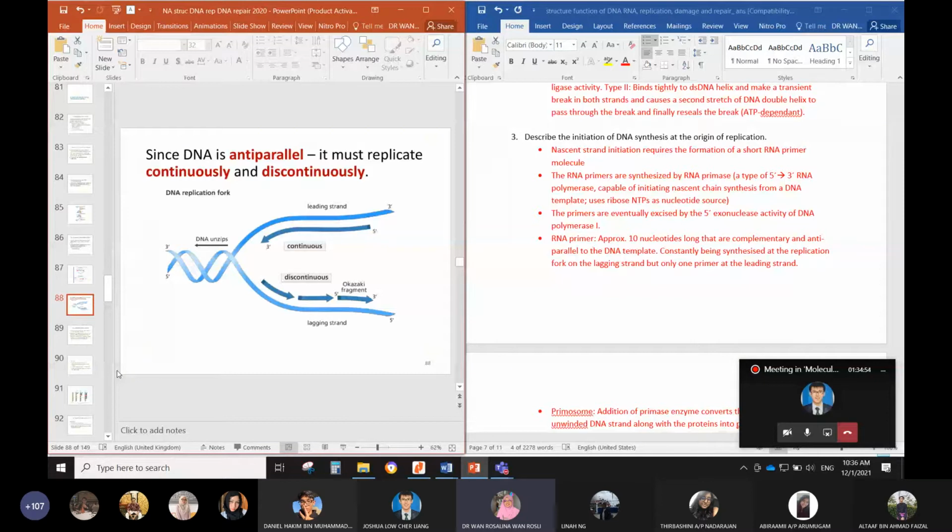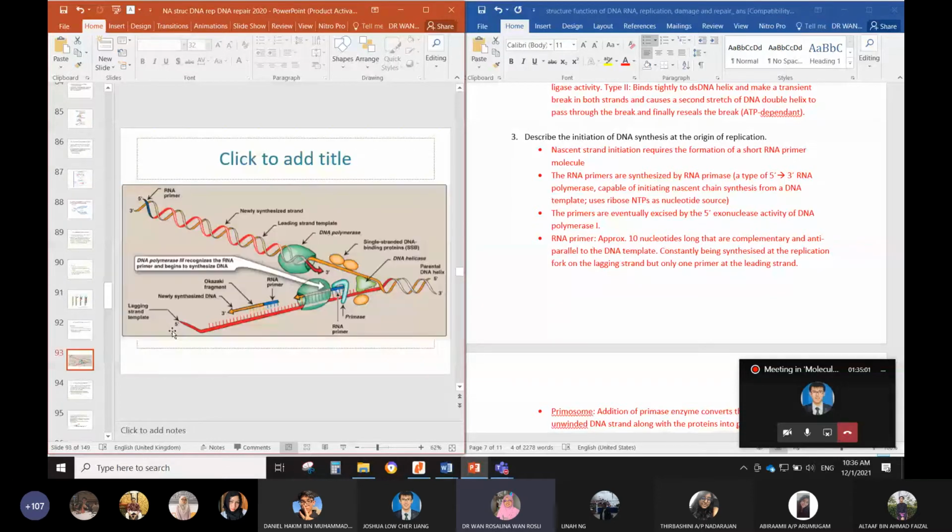Primer means a start. So for the polymerase to start the replication process, it has to have a strand to add on to. This is a short RNA strand that is synthesized by primase. Primase synthesizes primers.